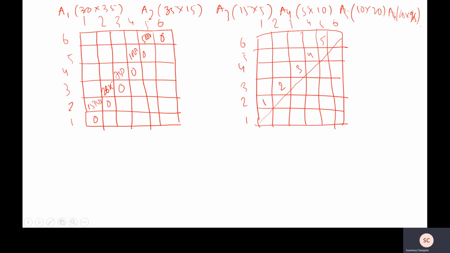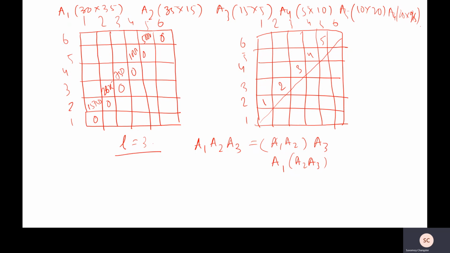In the next step, we will go for multiplying 3, that means first we will multiply A1, A2 and A3. Now see, there are 2 different options. We can multiply A1, A2, then A3, or we can multiply A2, A3 and A1 with this.